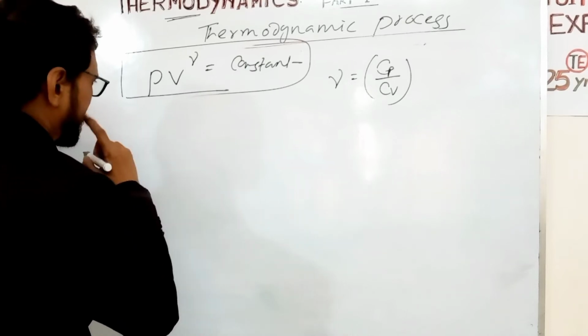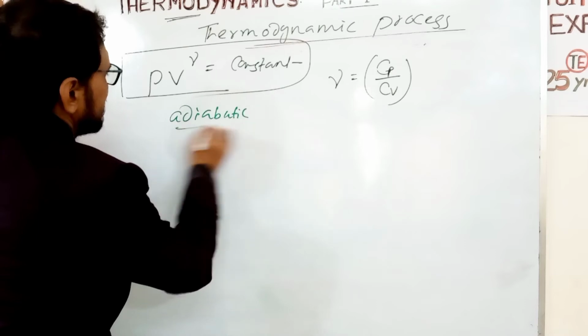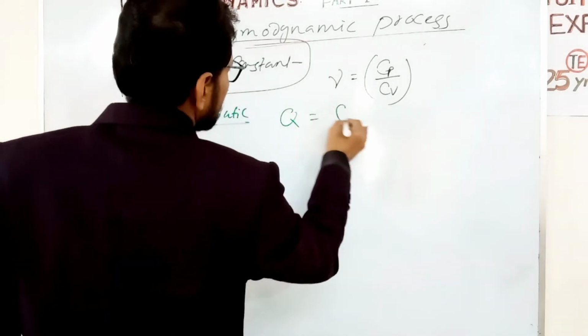First, in the adiabatic process, Q equal to 0.